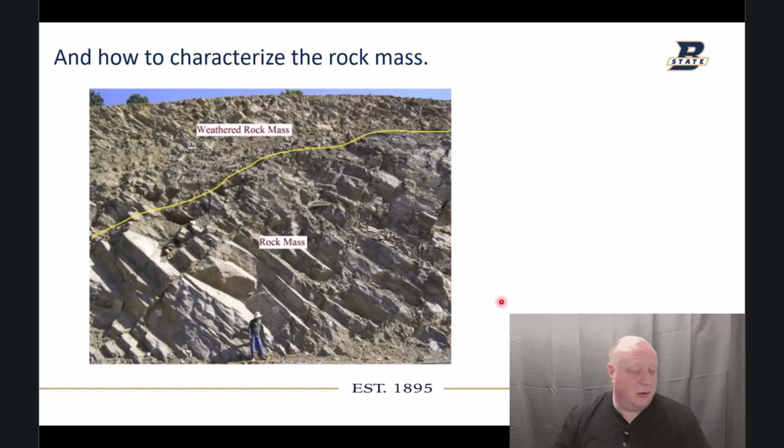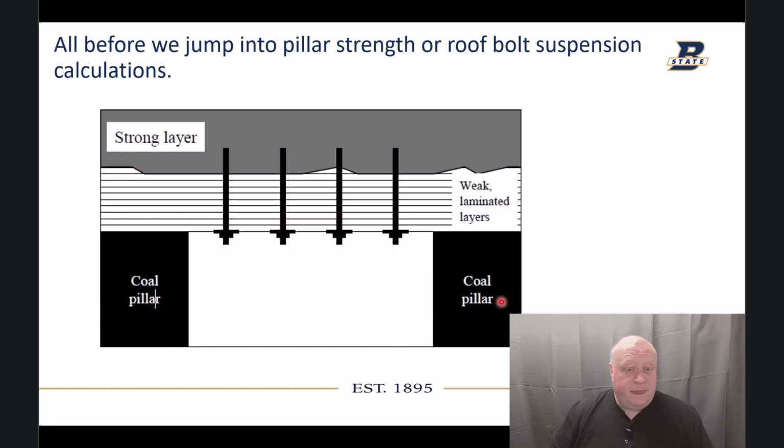So we'll be talking about various ways to characterize the rock. And all that's before we even think about pillar strength equations or roof bolt suspension calculations. We'll be talking about that stuff too later on.